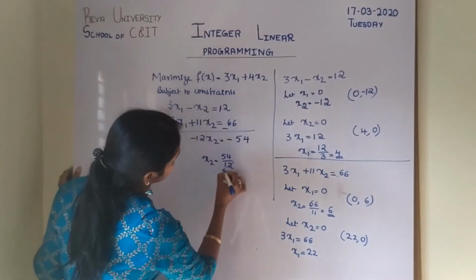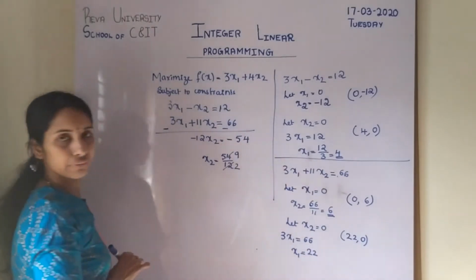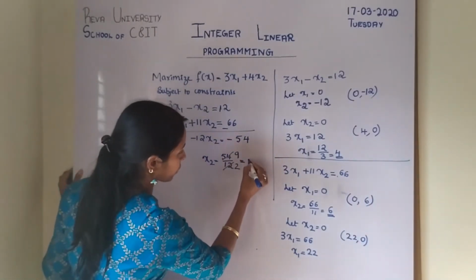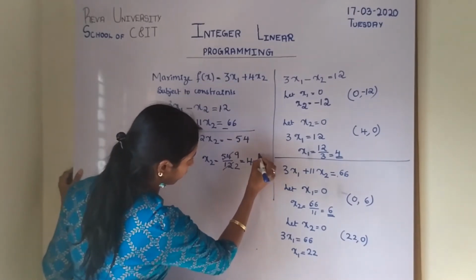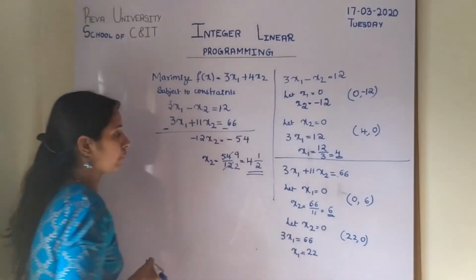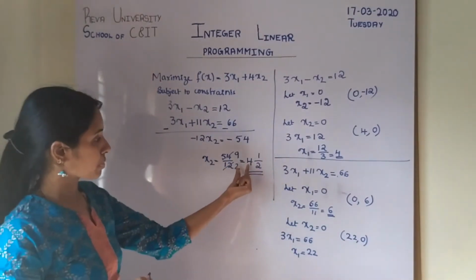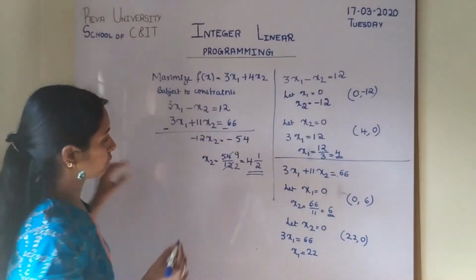6 9s are 54. If you represent this in fraction, 2 4s are 8, remaining will be 1. So x2 will be 4 and a half. If you substitute this value in any one of the equations, you will get the x1 value.